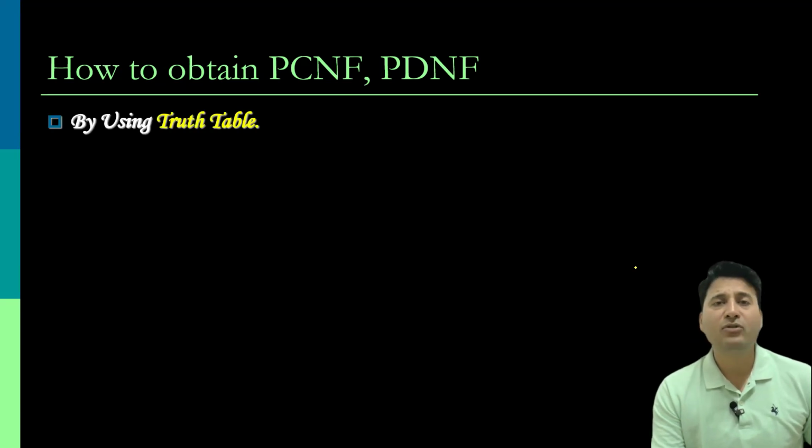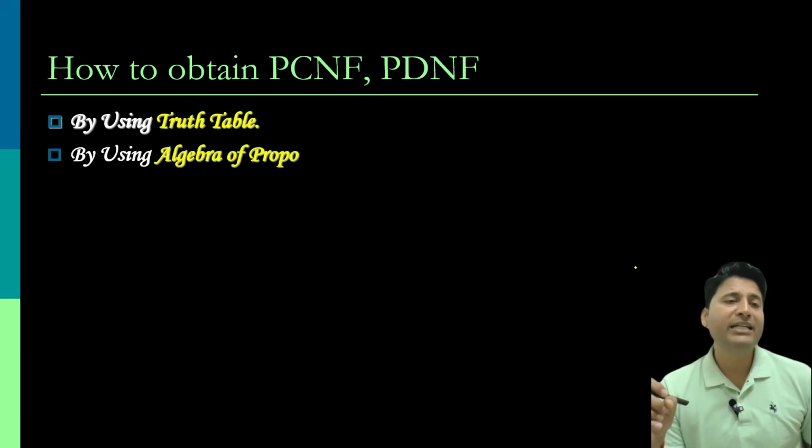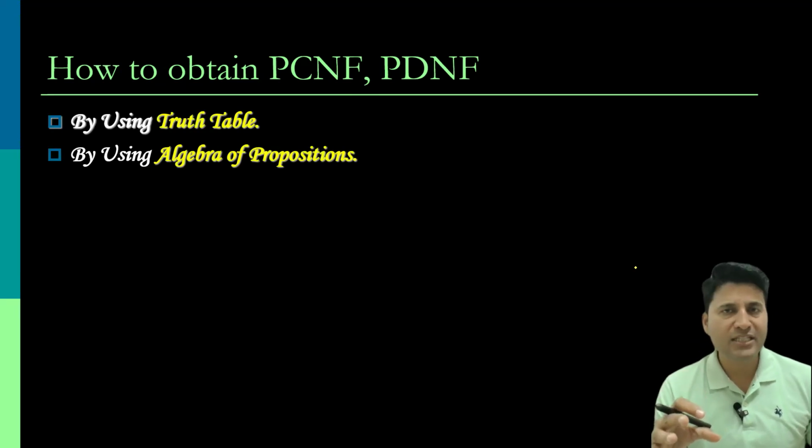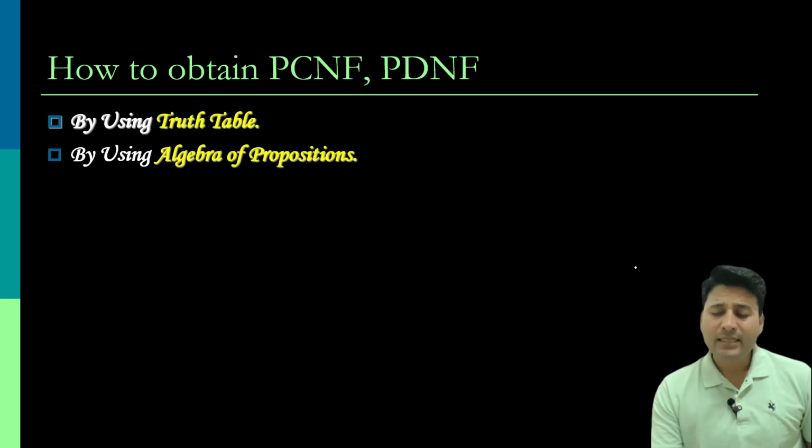One, we can use the truth table, and the second, we can use the algebra of propositions, that means laws of propositions. We do have certain laws based on these logics, so we can use them to convert the given Boolean expression into the standard normal form. Now let us take one or two examples of how exactly we can do it.